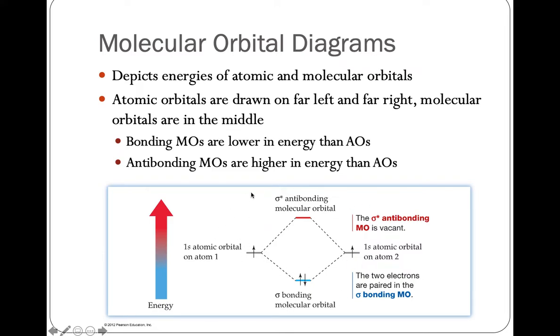We'd have one atom of hydrogen on the left, another atom of hydrogen on the right. They each have basically just the 1s orbital. It's the only orbital they have that has electrons, and that's the one electron that we see here. These are the atomic orbitals on the outside, and these are those molecular orbitals that I was talking about on the inside.